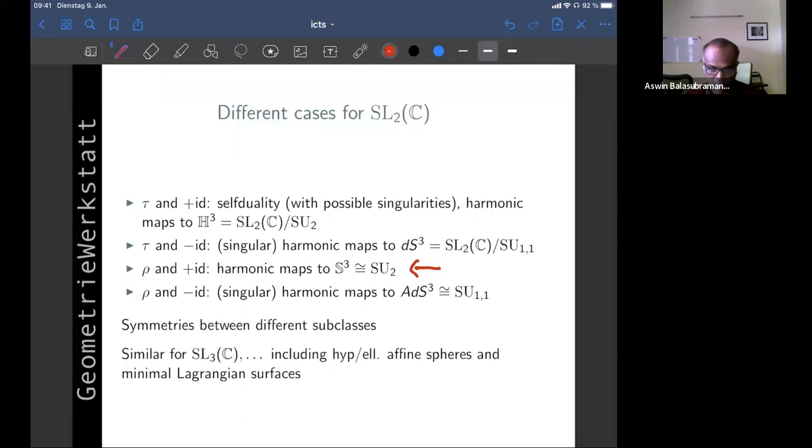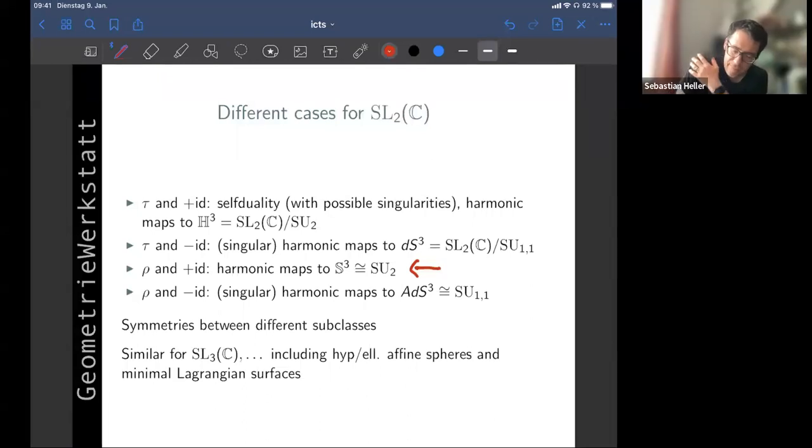But what I showed is that for the self-duality equations, if you look at different components which have singularities, you still get hyper-Kähler manifolds with positive signature. So you get new hyper-Kähler spaces which are not known yet, which come from these singular solutions of the self-duality equations and really have hyper-Kähler structure.